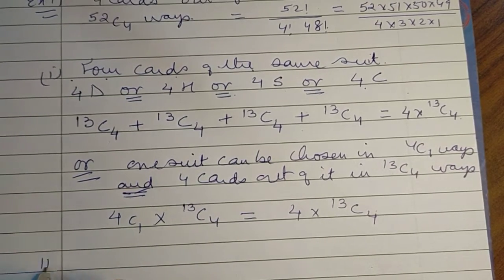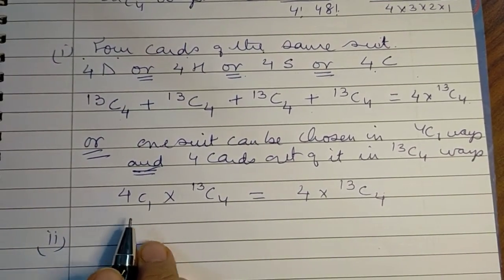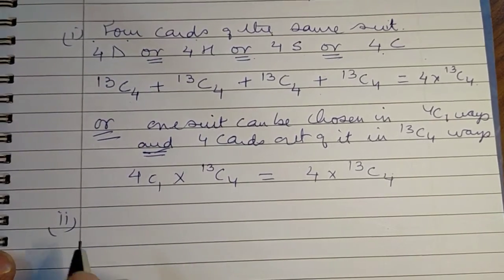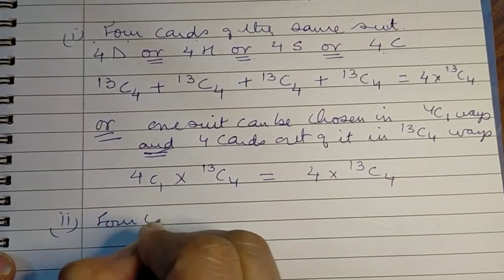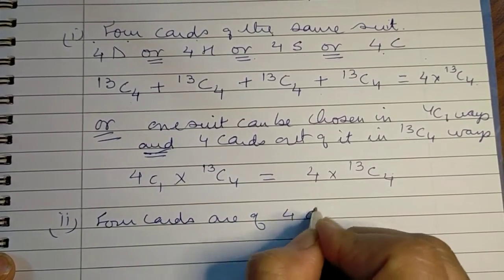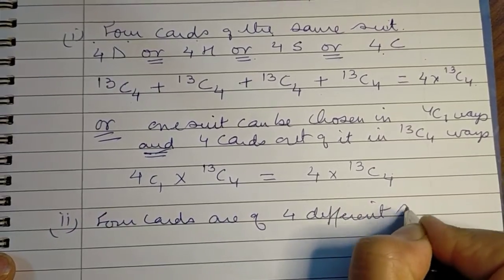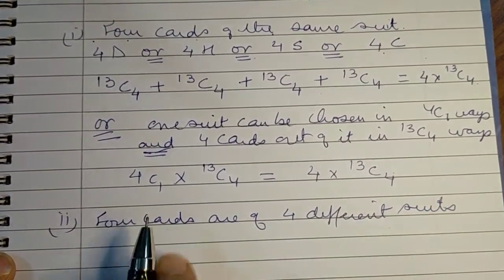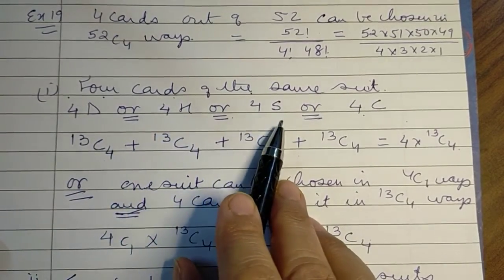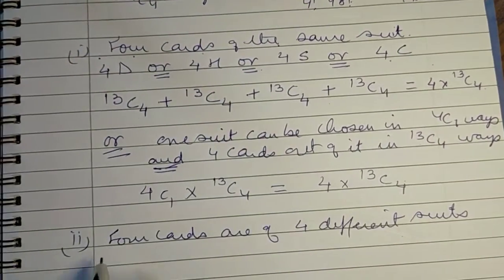Now the second part says that 4 cards belong to 4 different suits. Now what is the meaning of this? 4 cards are of 4 different suits. It means one of diamond and one of heart and one of spade and one of clubs.